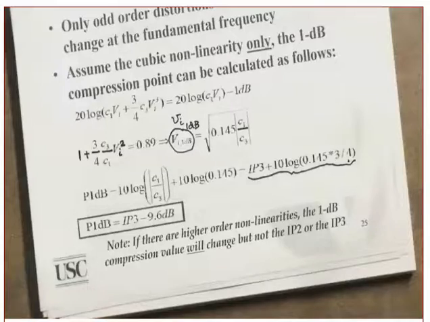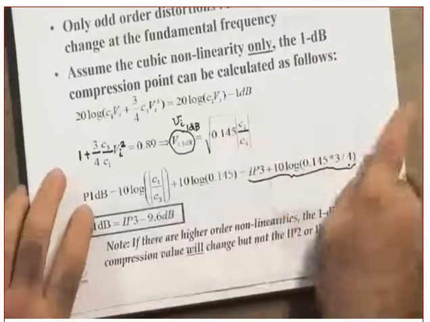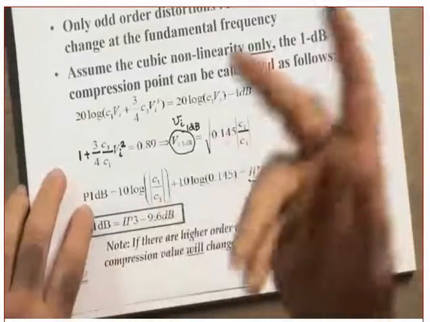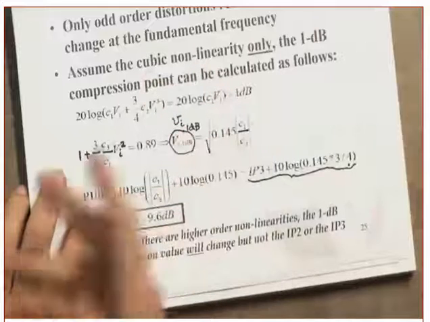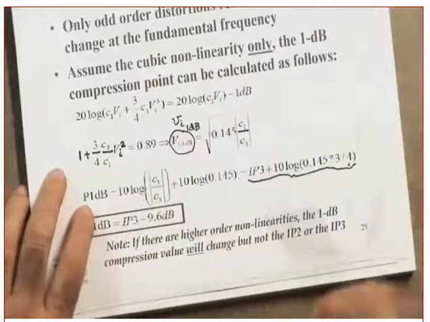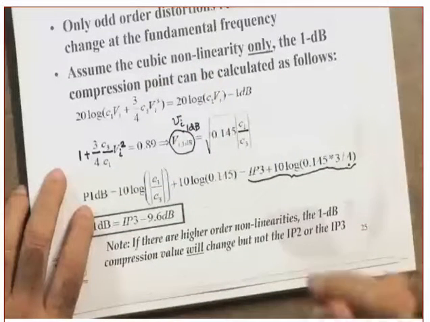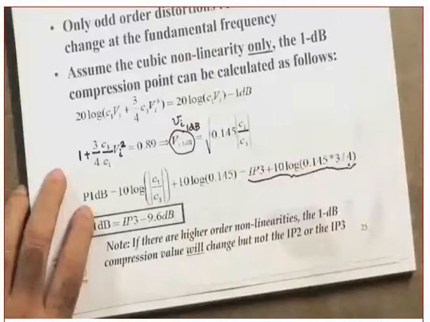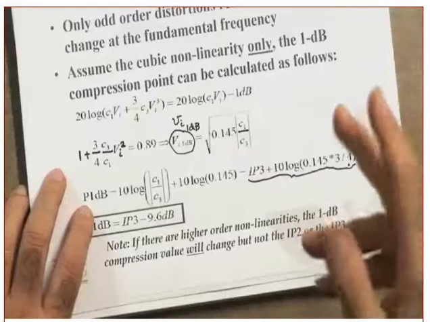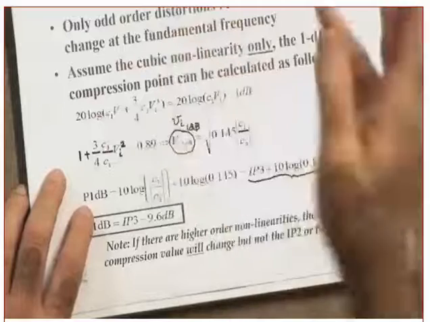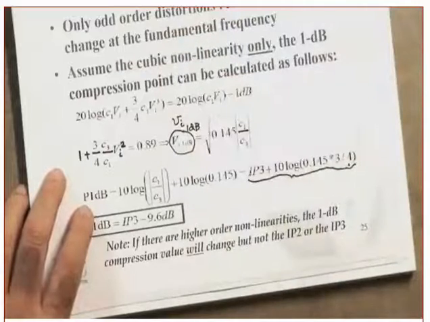When you take higher order, what is the 3rd intermodulation? It is 2F2 minus F1, 2F1 minus F2, 2F2 plus F1, and the last one, 2F2, whatever, minus F1. Yes?